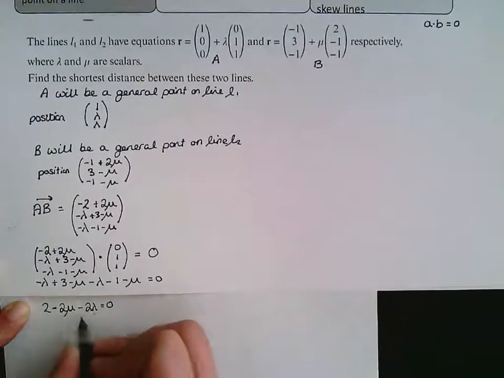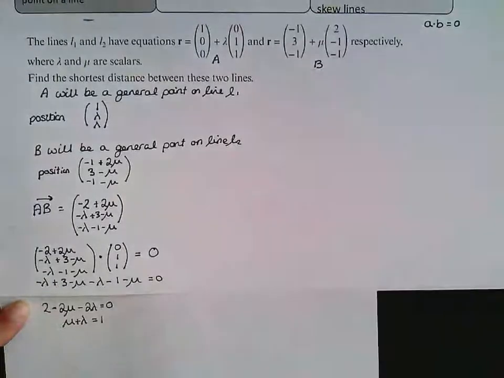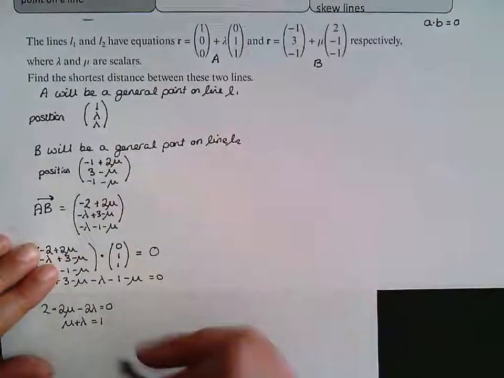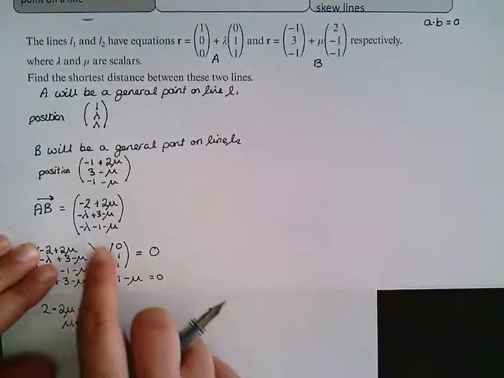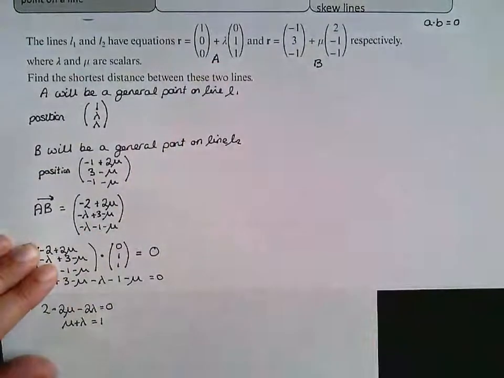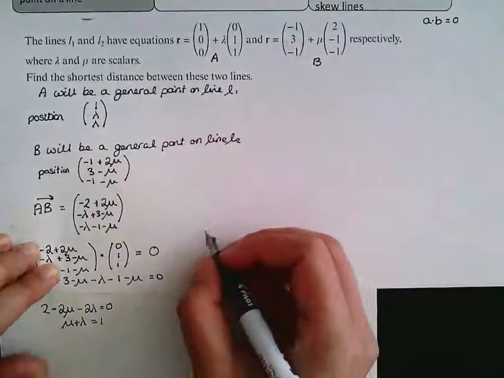I'm just going to turn these to the other side and divide them all by 2. So I now know mu plus lambda equals 1. I am now going to repeat this process. This was me making sure that this movement meets this line at 90 degrees. Now I'm going to make sure that this movement meets this line at 90 degrees.